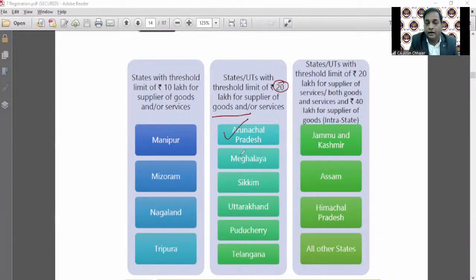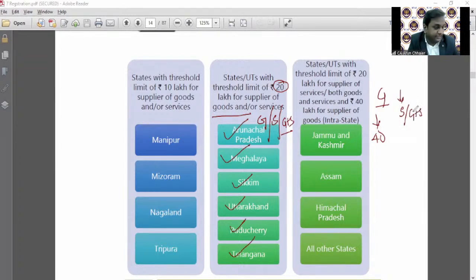If I am in Arunachal Pradesh, Meghalaya, Sikkim, Uttarakhand, Puducherry, and Telangana, whether I am exclusively in goods or only services or goods plus services. And for the rest, if I am exclusively in goods, the limit would be 40. If I am exclusively in services or goods plus services, the limit would be 20 lakh rupees.